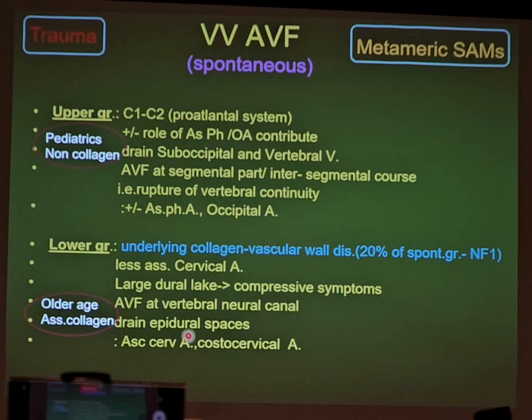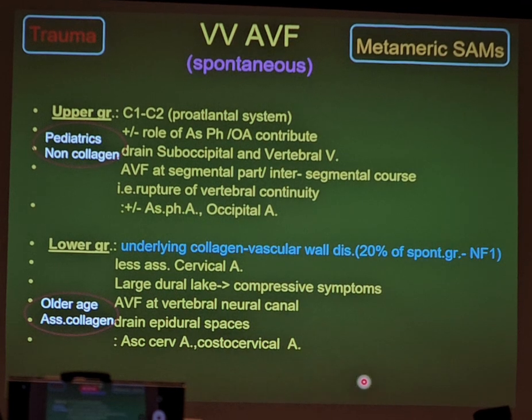So if we can differentiate the two types, including the cause of the lesion, we can know what we are dealing with. And I told you that for the upper vertebral or intersegmental artery fistula, the collaterals that you must inject are the ascending pharyngeal and occipital arteries, while in the lower group, you must inject the cervical artery, the ascending and the deep cervical.